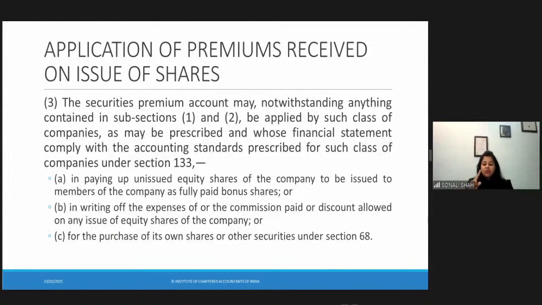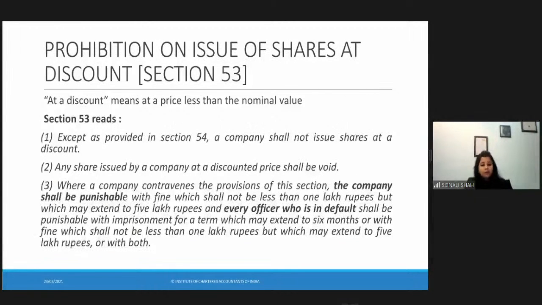So if these prescribed classes of company comply with the accounting standards under 133, they can utilize the amount in the securities premium account for these three purposes. Now, what are these prescribed companies? We will have to see the rule for that purpose, right?